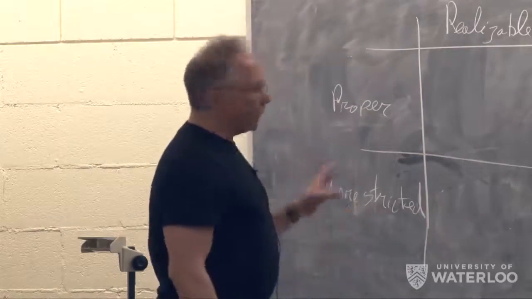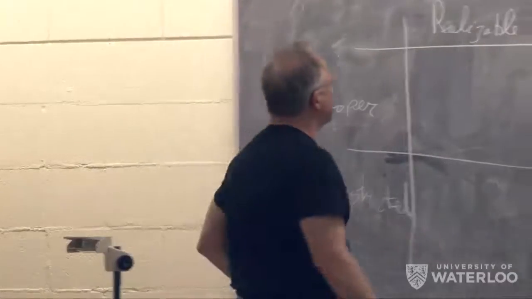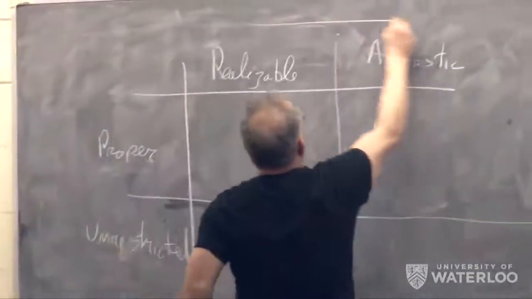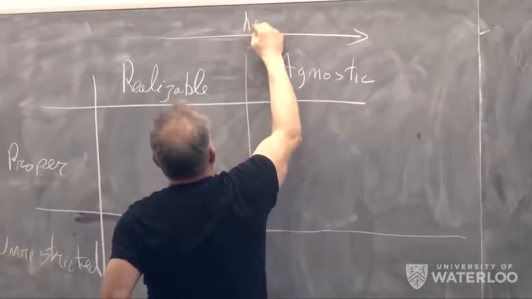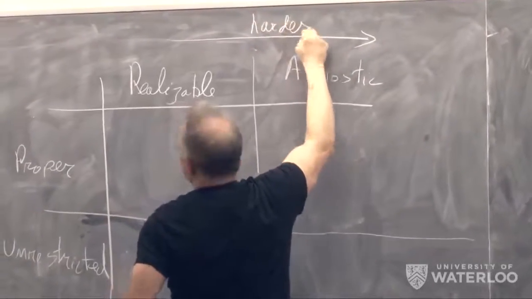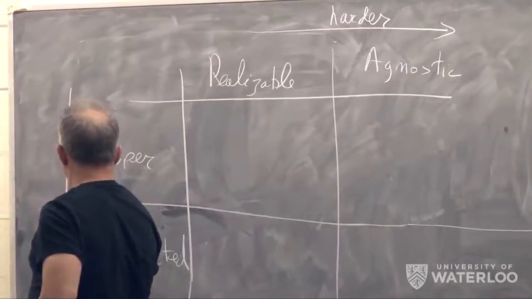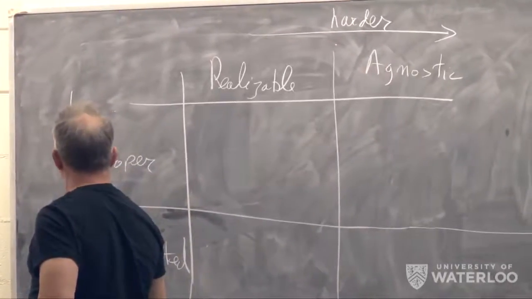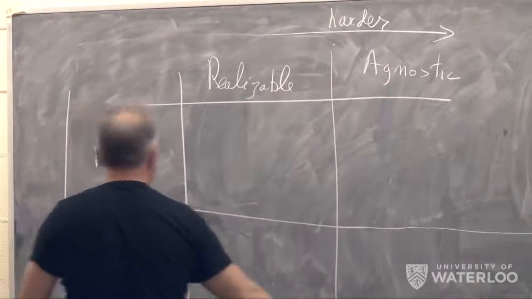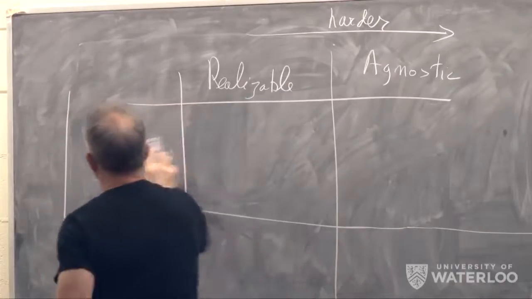So if we look at these two axes, we can easily notice that if we move along this line, it will become harder. And also in this line. Let me change the order here.